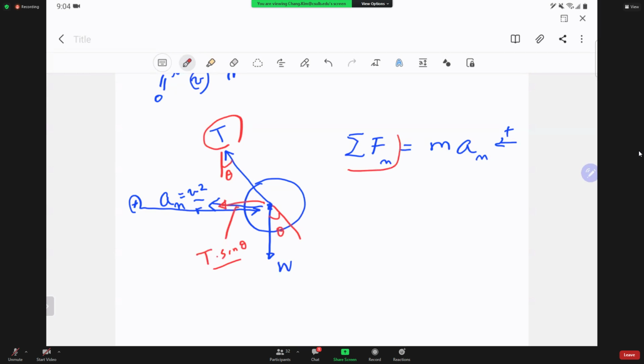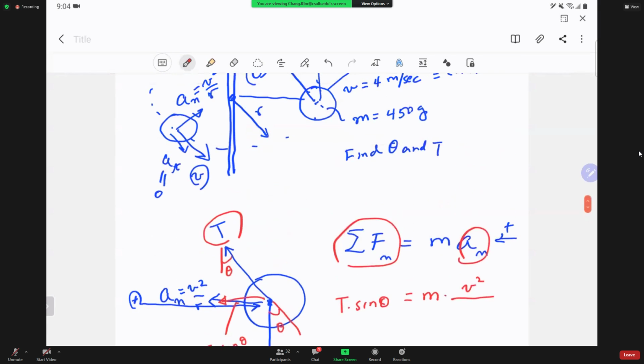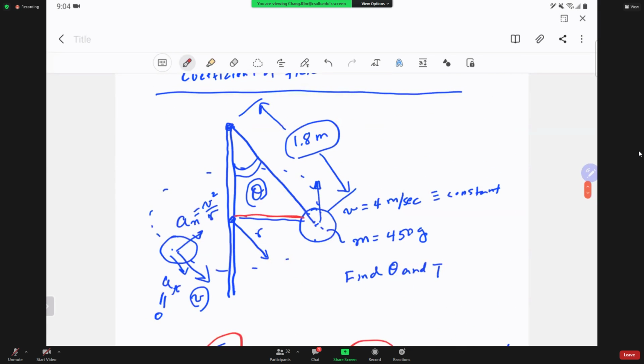So this guy has the component T times sine of theta, which is equal to mass times velocity squared divided by the radius. The radius is given right there.